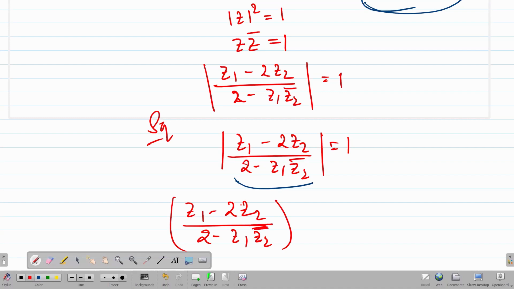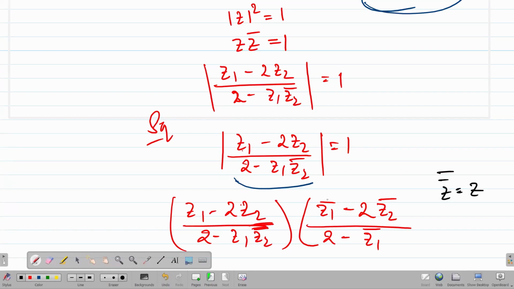That means I have to take conjugate. Using the properties of conjugate, I just replace the z1 by z1 bar. 2 is a purely real number, it's conjugated itself. So z2 bar upon 2 minus z1 bar, and conjugate of z2 bar is z2 double bar. As we know that double bar gives back the complex number, so z2 double bar here is only z2. So this is equal to 1.